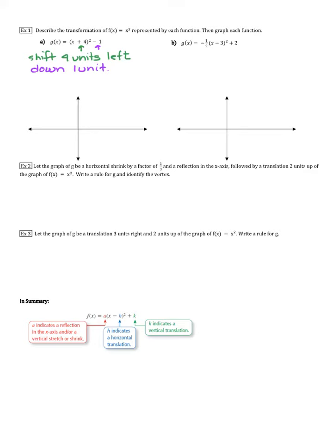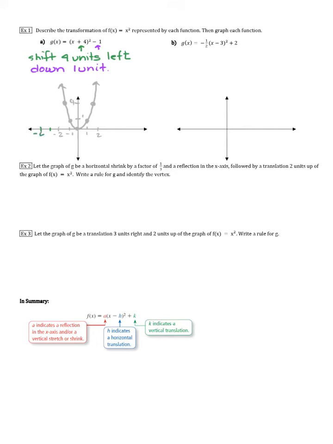So to graph that, and again, you are going to want to be accurate in your graphs. So we have some points here. You have 0, 0, you have 1, 1, negative 1, 1, and you have your 2, 4, and negative 2, 4. So let's go ahead and label our axes with 1, 2, negative 1, negative 2. So what we can do is just move those points. So I'm going to take my vertex and I'm going to go 4 units left.